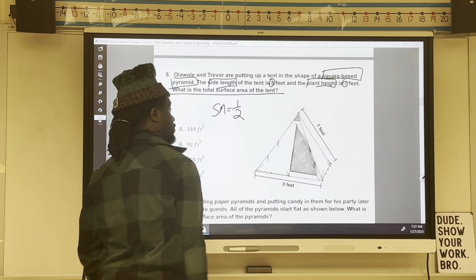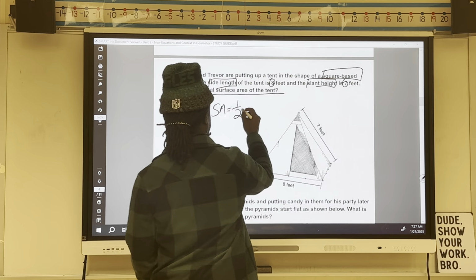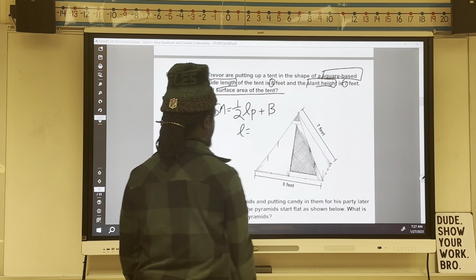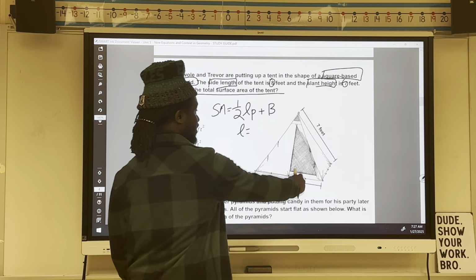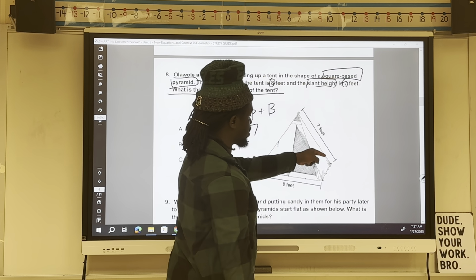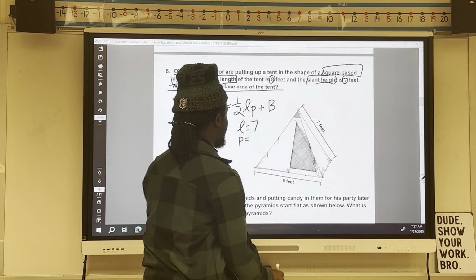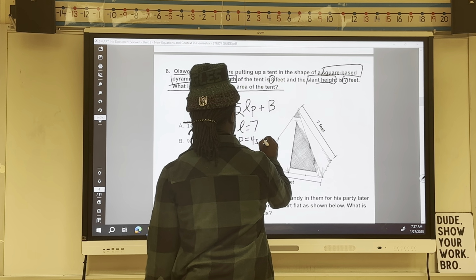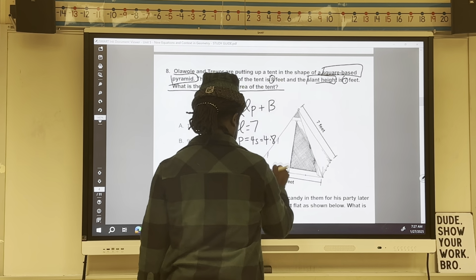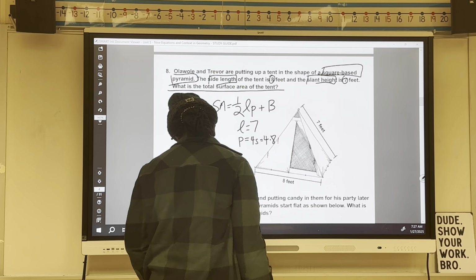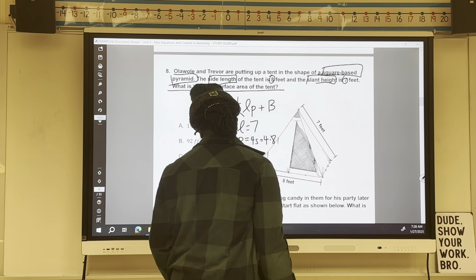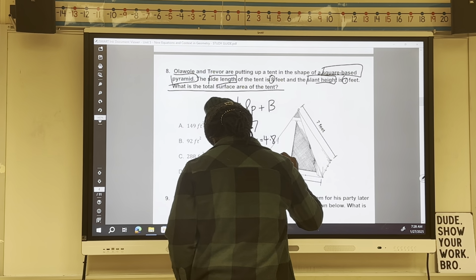I'm going to go to my formula sheet and find the formula, which is 1/2 LP plus big B. Then I have to figure out, okay, what is L? L is the slant height. The slant height is here, that is 7. What is the perimeter? Well, the perimeter is the sides along the base, so I have to do 4S, and that is 4 times 8.